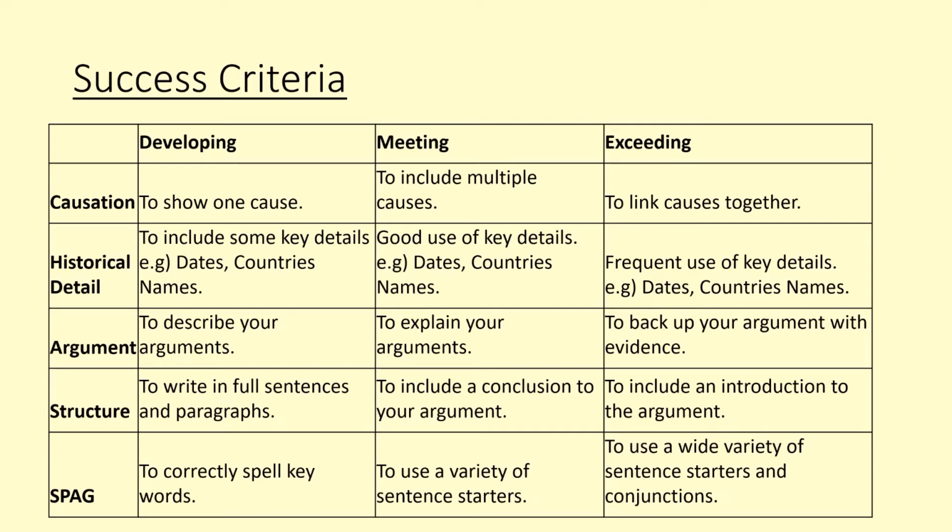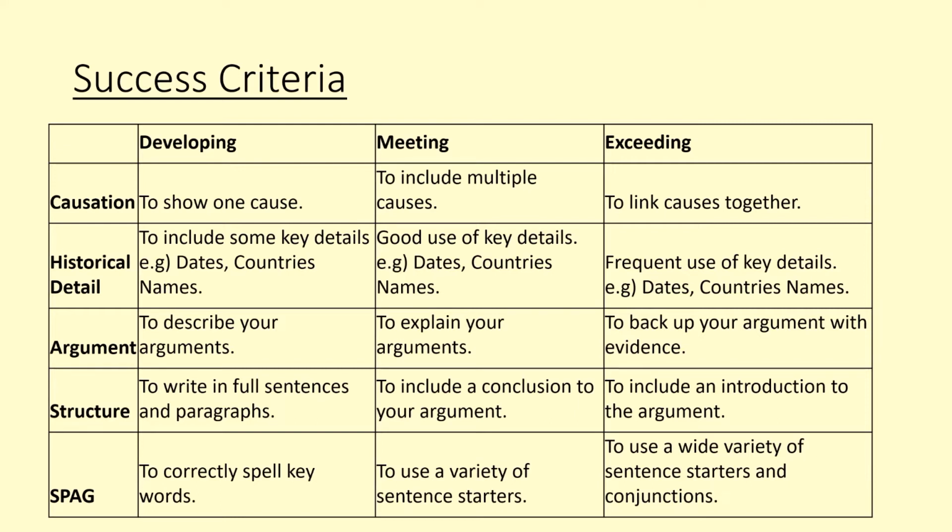Structure-wise, developing, you need to be able to write in full sentences and paragraphs, please, as standard. Meeting, to include a conclusion at the end of your argument, and exceeding, to include an introduction to your argument. Finally, we've got SPAG, developing to correctly spell keywords, so things like militarism and nationalism, alliances, country names, all these words we've been using frequently should be spelled correctly.